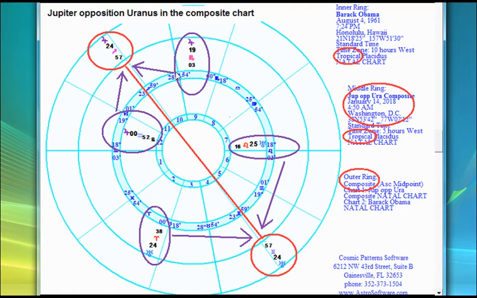I take the natal Jupiter and the transiting Jupiter, I take the midpoint of them, and I take the natal Uranus and the transiting Uranus, and I'm drawing arrows showing I'm going halfway in between. That's called the composite Uranus. So in this outer ring, I've circled it in red here. I've got the composite chart of the transiting natal, and there's the exact opposition. Jupiter 24 Sag 57, Uranus 24 Gemini 57, exact to the minute.